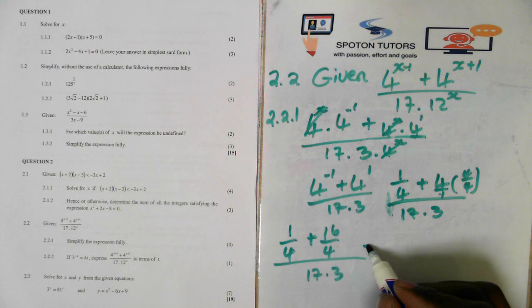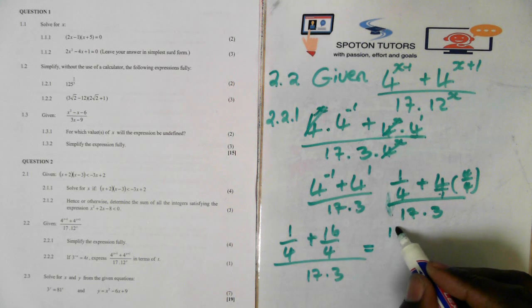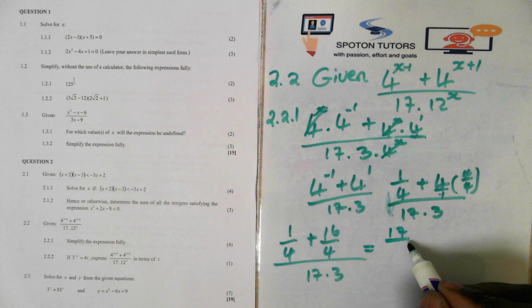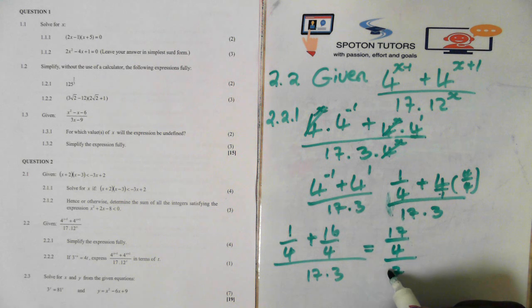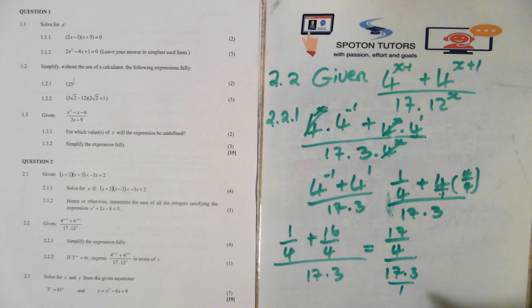So this whole thing, I'll write an equal sign because it goes that way: 17 over 4 over 17 times 3. This we can also say divided by 1.